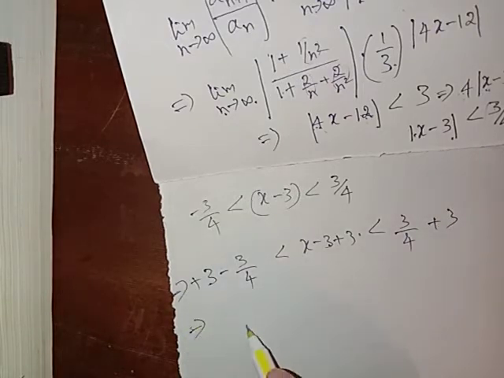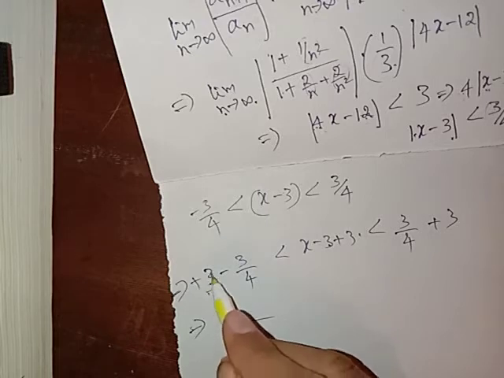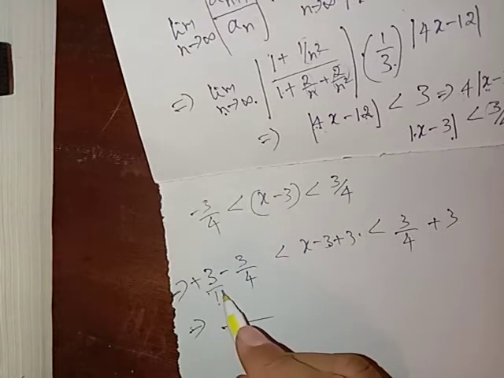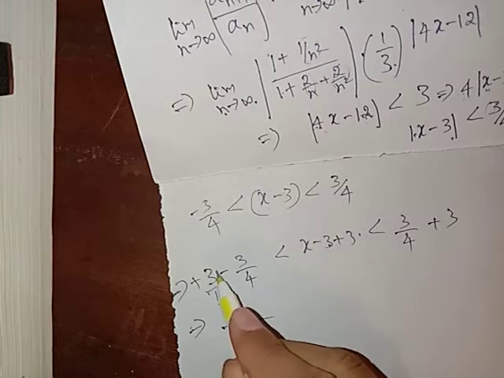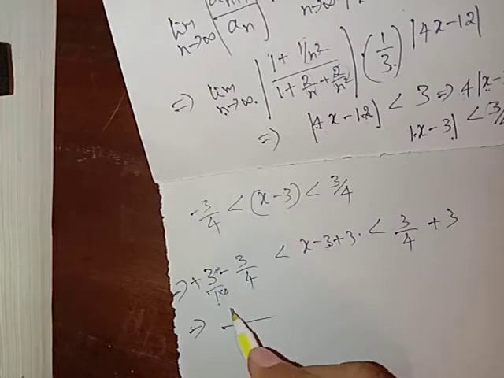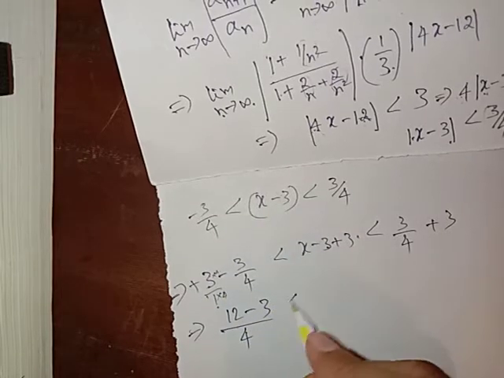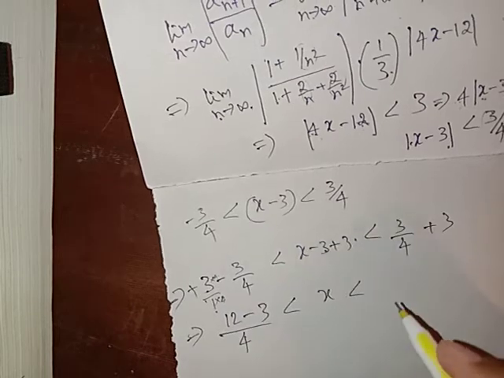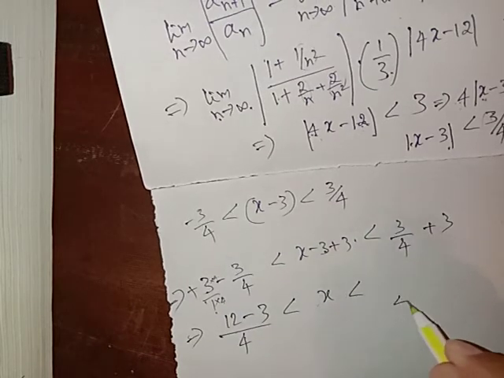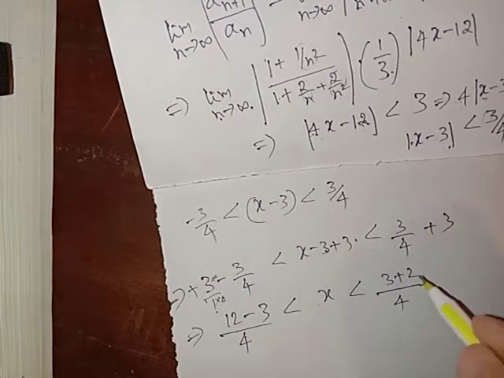If we multiply by 4 here, here also we can multiply by 4. 3 into 4 is 12, so -3 is less than x is less than 3+12.